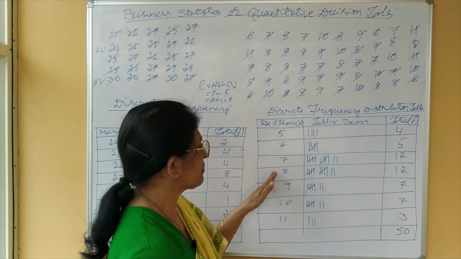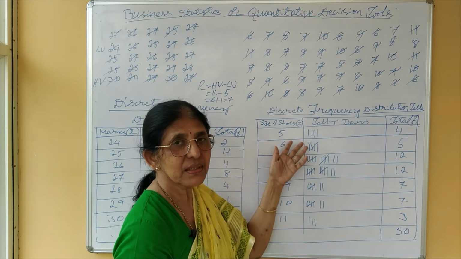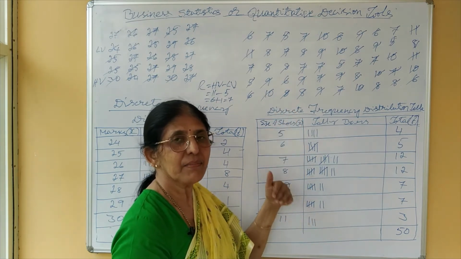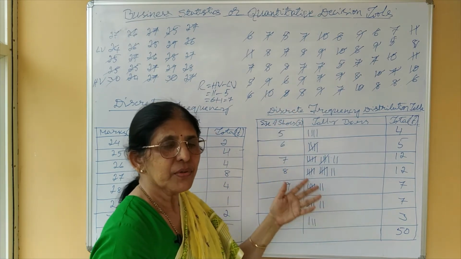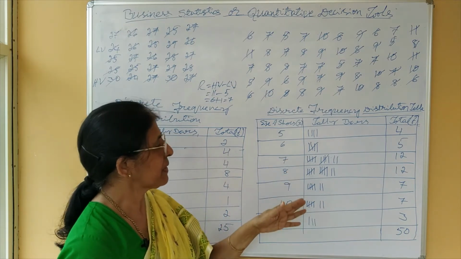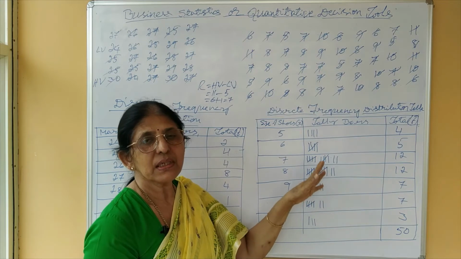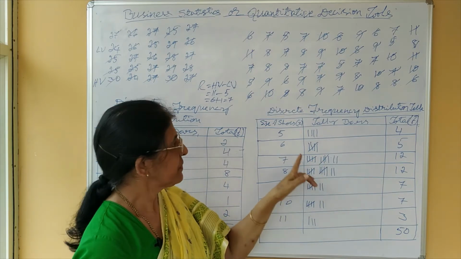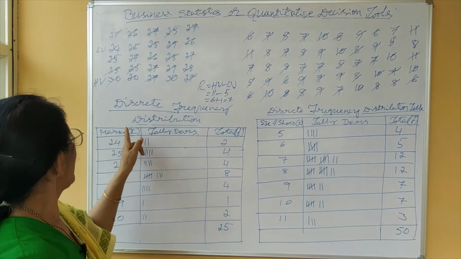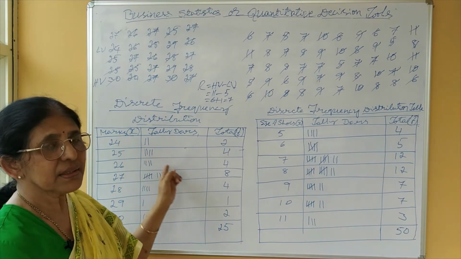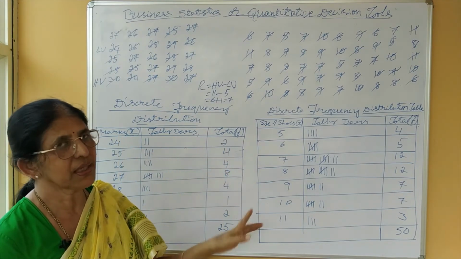For which sizes there is more demand, and for which sizes there is lesser demand. By that it helps them to maintain the proper or suitable number of shoes in their stock. This is a univariate discrete frequency distribution table.